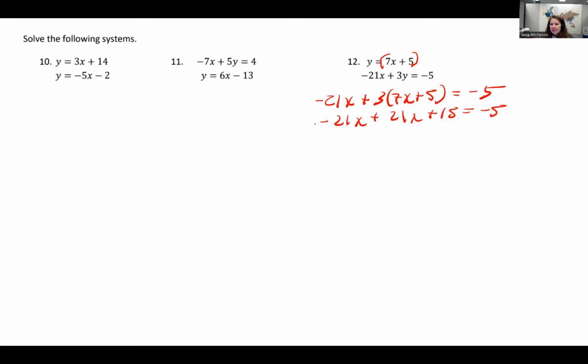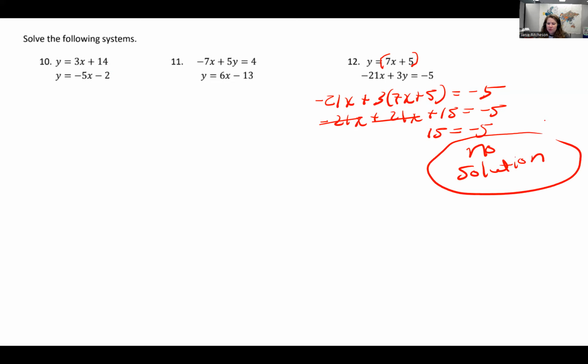Well, negative 21x combined with positive 21x is 0. So I end up with 15 is equal to negative 5. Well, that's not true, which means there is no solution. My statement is not true, so therefore I have no solution.